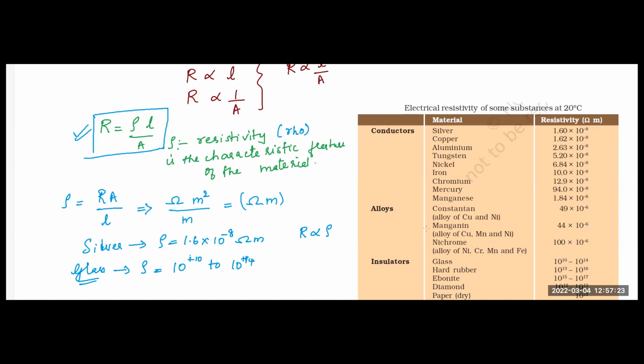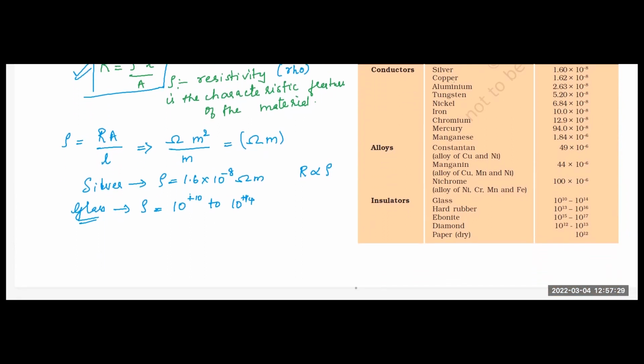Now let us compare the resistivity of metals and alloys. The metals are given in the first part, right? They are conductors basically, and the alloys are constantan, manganese, and nichrome. Nichrome is used in heating purposes, right? It is an alloy of nickel, chromium, manganese, and iron.